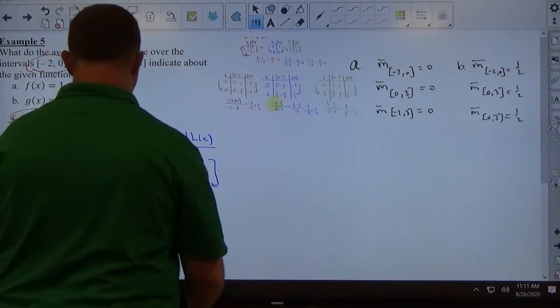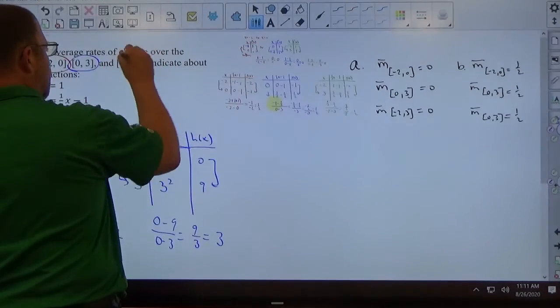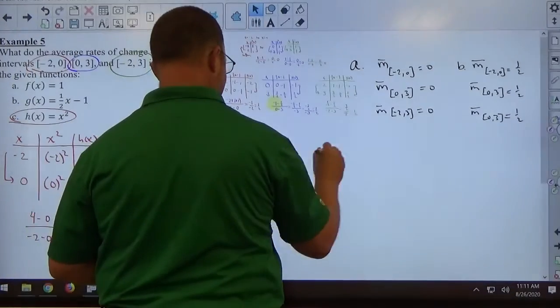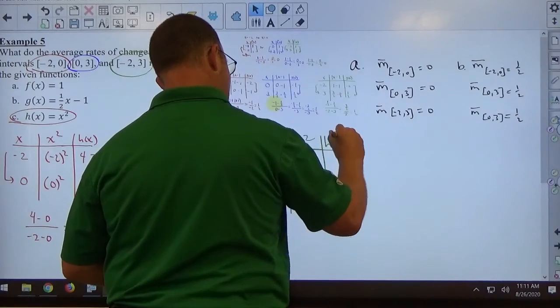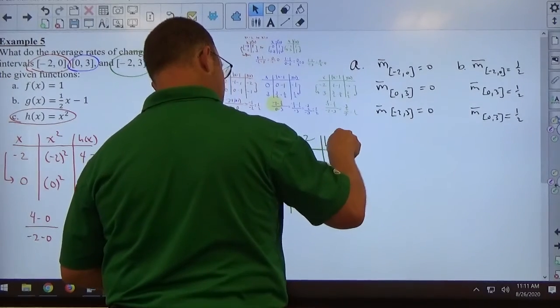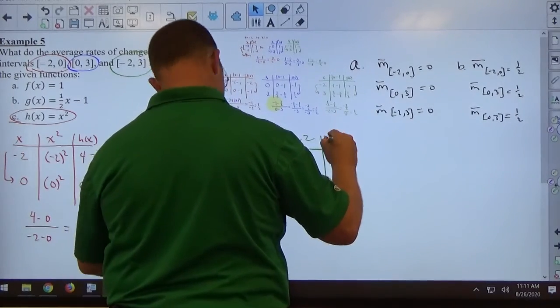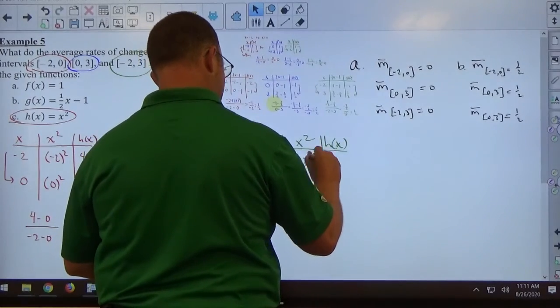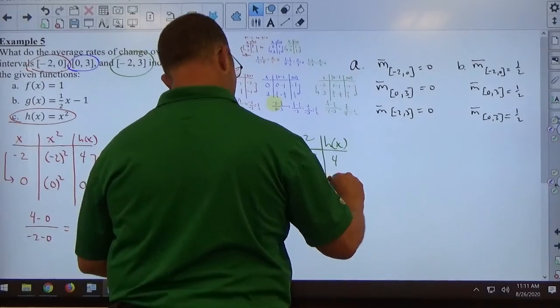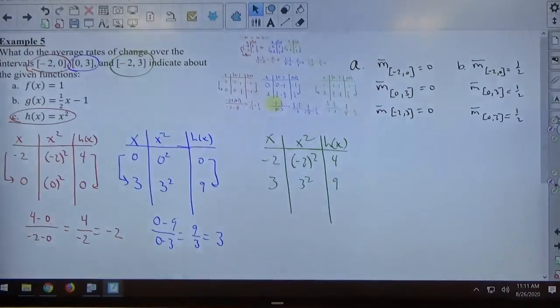And then finally, the last interval, -2 to 3. Once again, -2 squared is still +4, 3 squared is still +9.